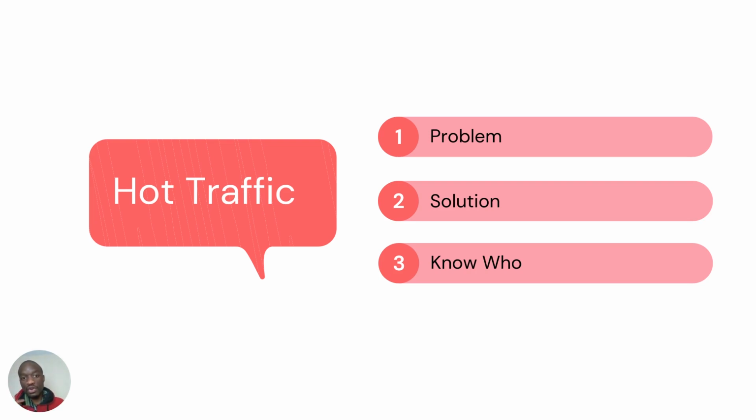With hot traffic, they know the problem, they know the solution, and they also know who has the solution. In this case, they also know who you are. And so when the traffic is hot, we usually start talking about the benefits they're going to get by using our solution, because at this stage they know that weight gain is the problem, and fitness or dieting is a solution.